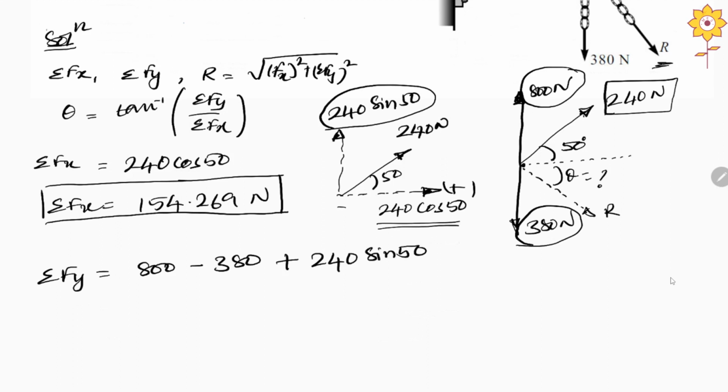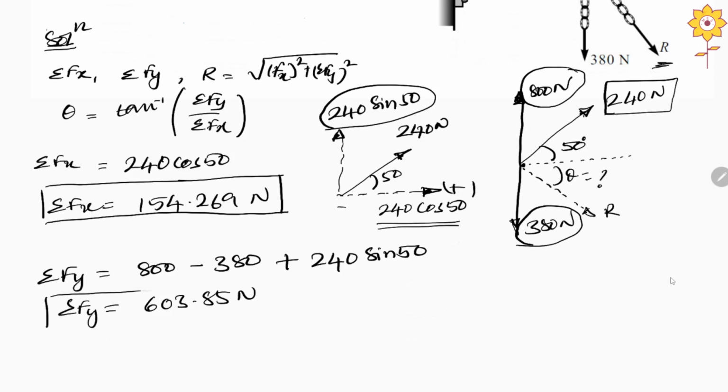Apart from these forces, we don't have any other forces. Now calculating 800 minus 380 plus 240 sin 50, we get the value as 603.85 Newton. So this is summation of Fy.